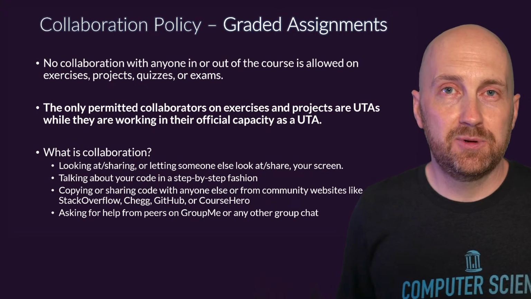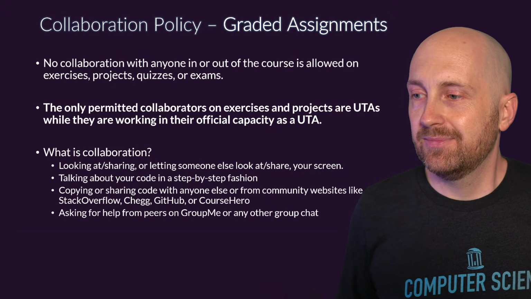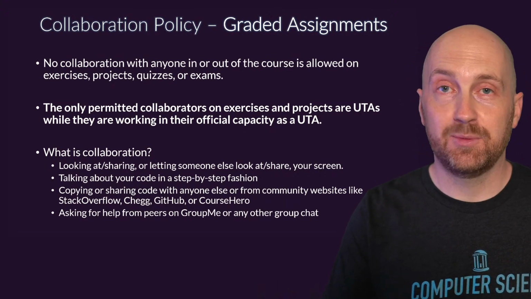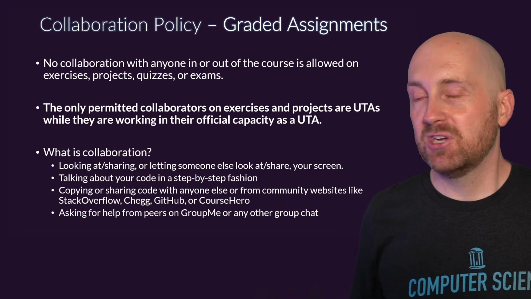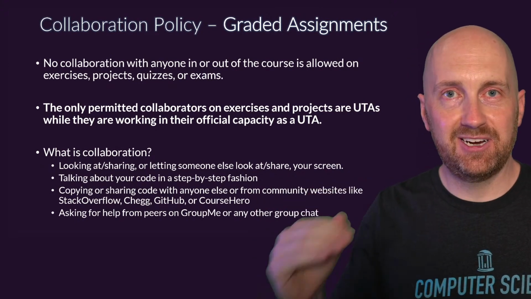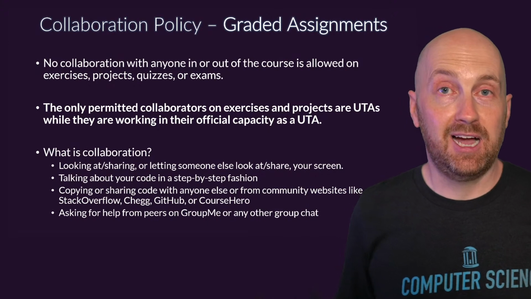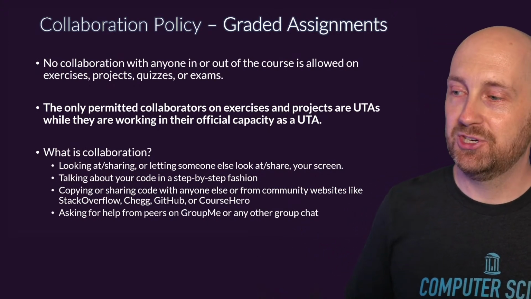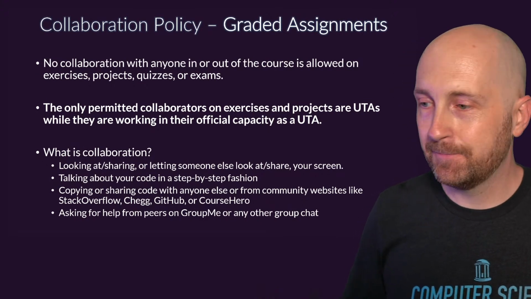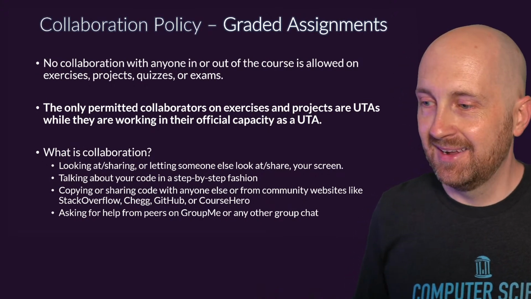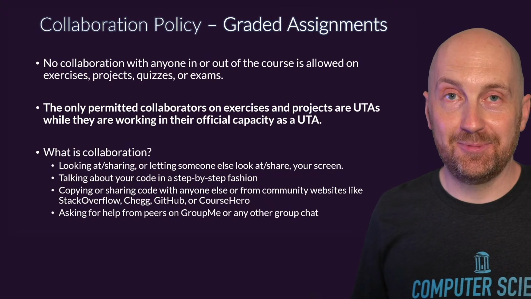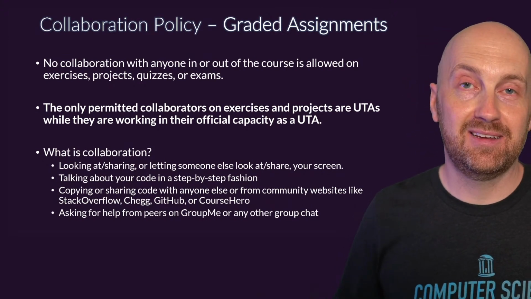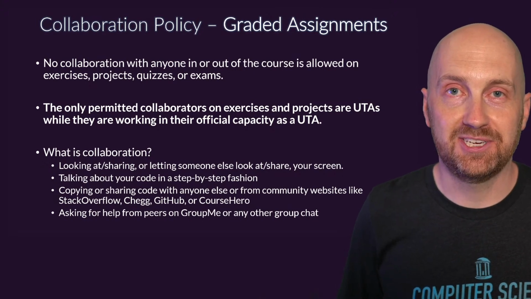So what are the things that we would consider collaboration? Looking at or sharing your screen over Zoom, letting someone else look at your screen, talking about your code at a level that's very step by step, copying or sharing code from Stack Overflow or Chegg or GitHub or Course Hero, or asking for help from peers on GroupMe for things that really shouldn't be discussed with anyone other than the undergraduate teaching assistant team.